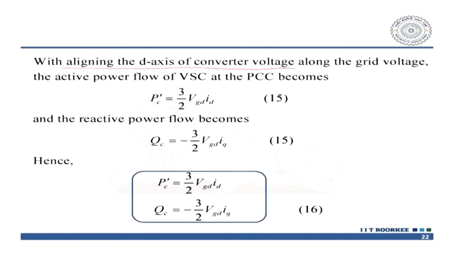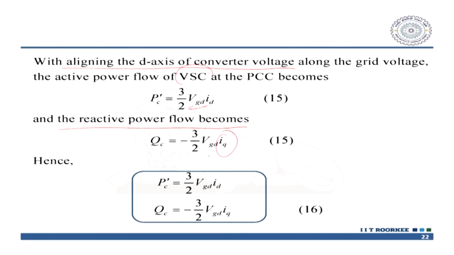With aligning the d axis converter voltage along the grid voltage, the active power flow of the voltage source converter at the PCC becomes 2/3 Vg into Id, that is the real part of the component, and the reactive power flow will be Qc equal to 3/2 Vgd into Iq.